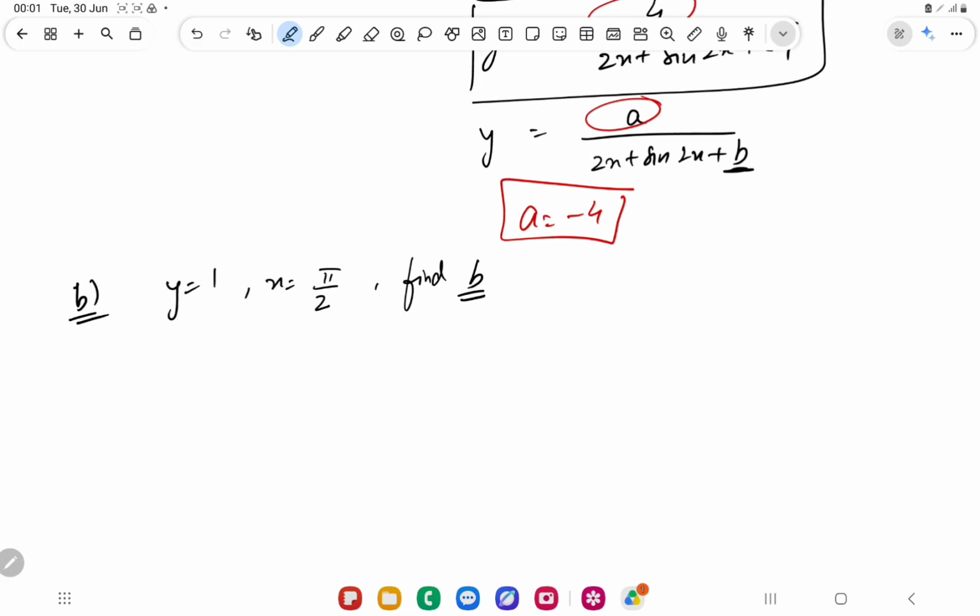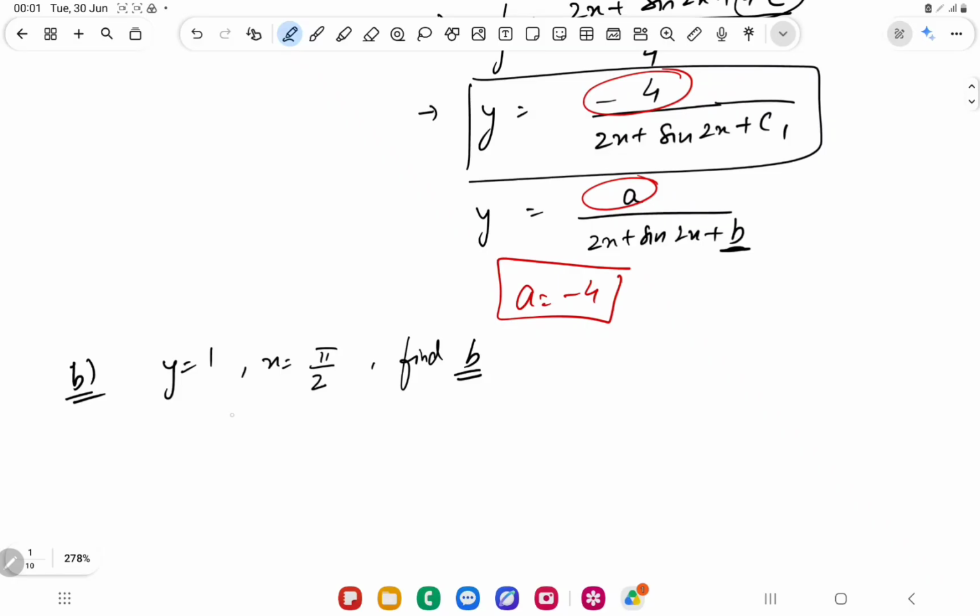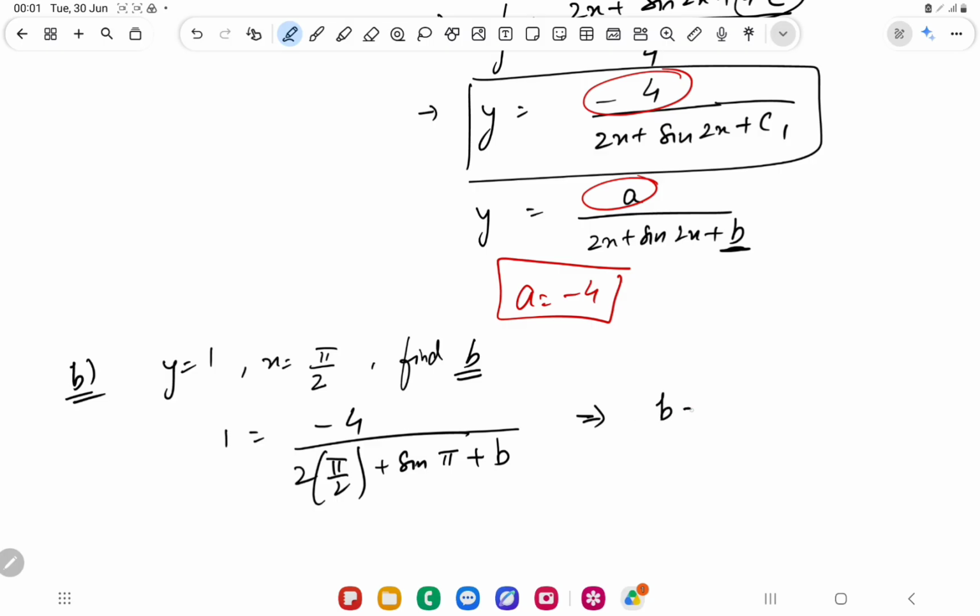If I substitute these values, 1 will be equal to minus 4 upon 2 times pi by 2 plus sin 2 pi by 2, which becomes pi, plus this c1, which according to the question is b. Now if I further simplify this, I will get my b value as minus 4 minus pi. So we have substituted the initial condition and found the value of b.